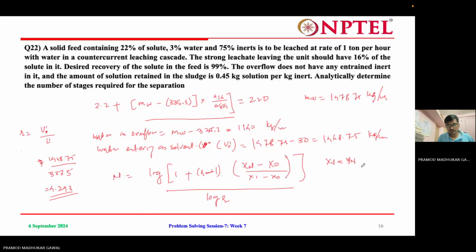Now xn, Yn, right, is 0.16, right? Y0 equal to 0, x0 is 0. X1 is the calculated 0.00652, the solute concentration in the underflow, right?